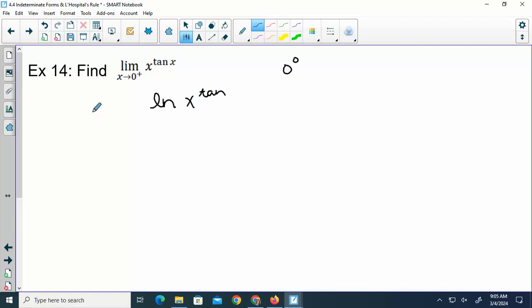And why do we do that? So we know our answer will be e to some power. And the reason we like this is because then, by properties of logs, your exponent comes down.